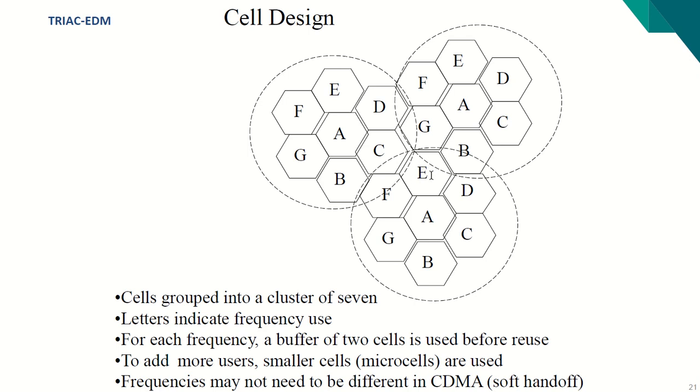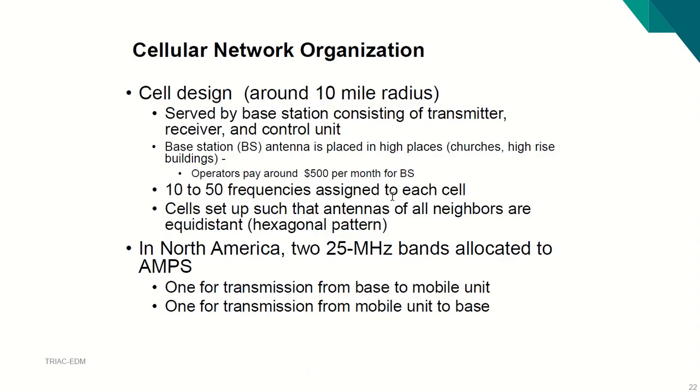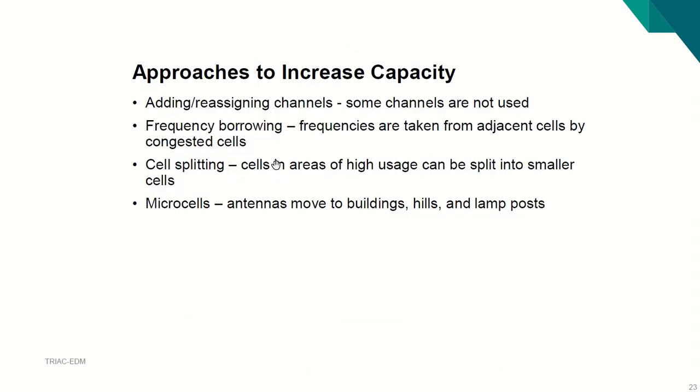It has a lot of channels that are not used by its users. So F can communicate with E and say, hey, how about you let me use your channel? So some of the channels will be borrowed for F to serve F users. So that's called frequency borrowing.